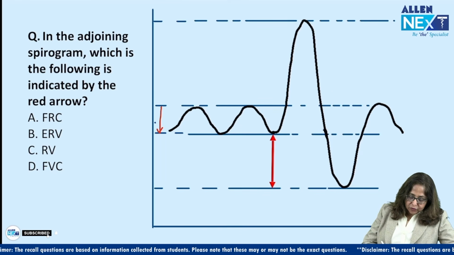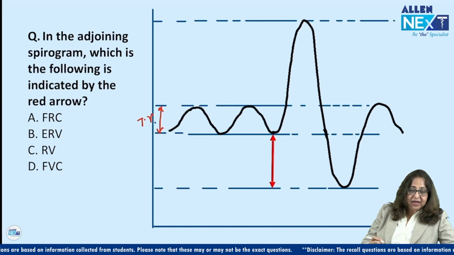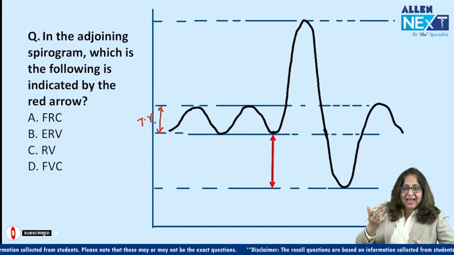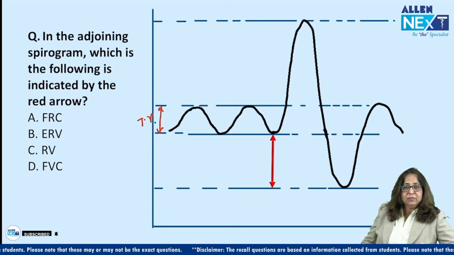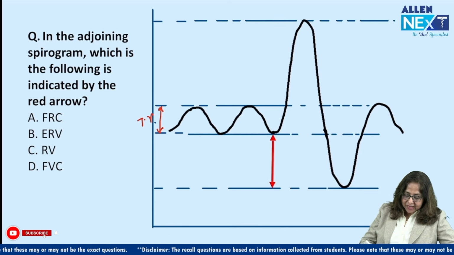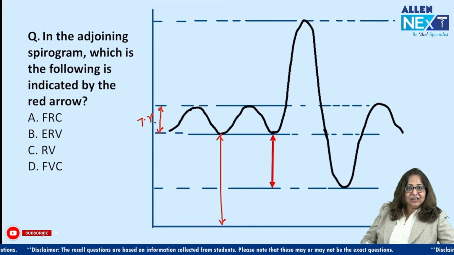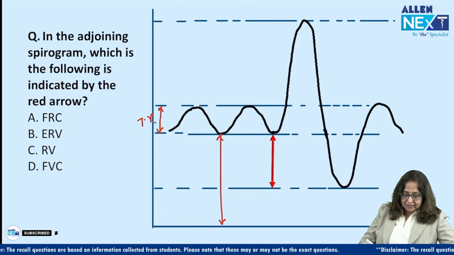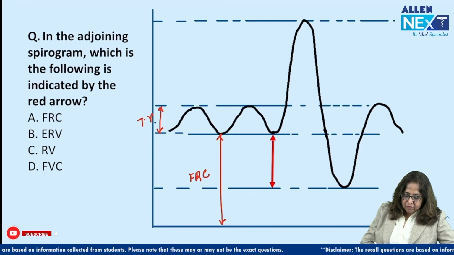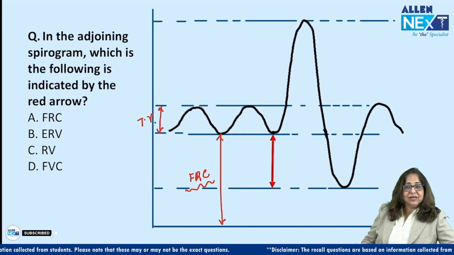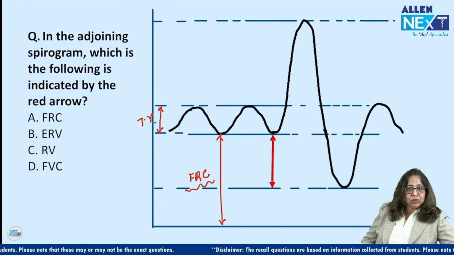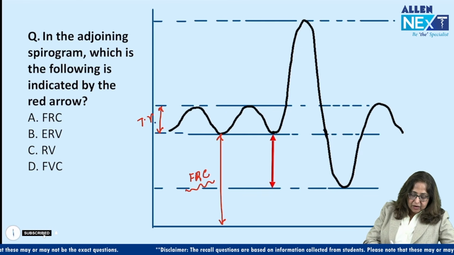Now, this is the tidal volume, the volume of air inspired or expired during a normal quiet respiration. And the volume of air which remains in the lungs at the end of a normal expiration is known as functional residual capacity. It is the sum total of ERV plus RV.